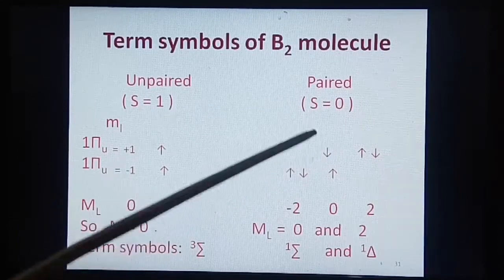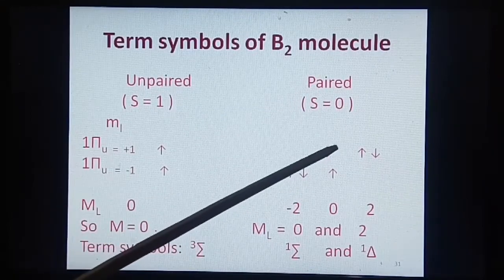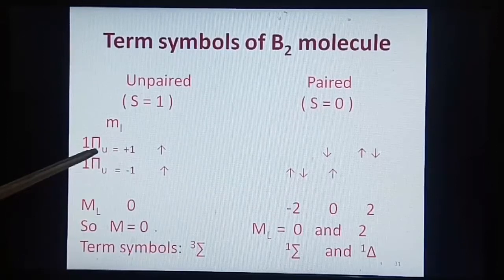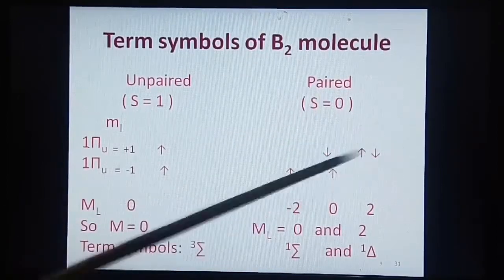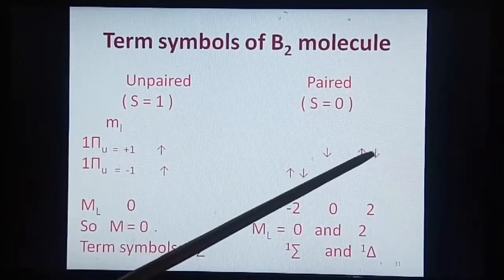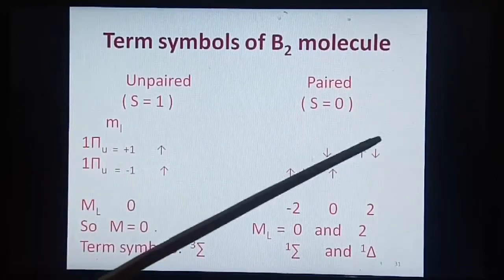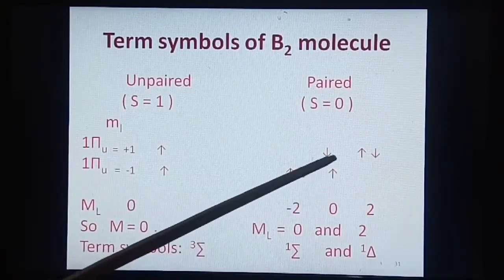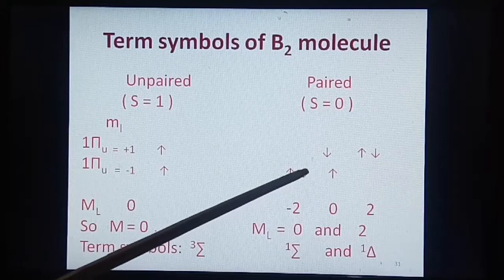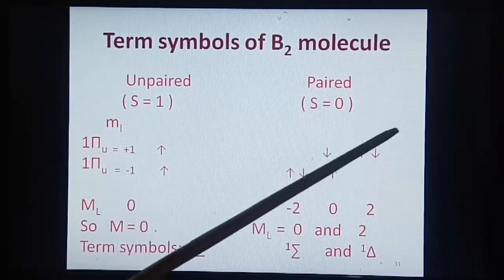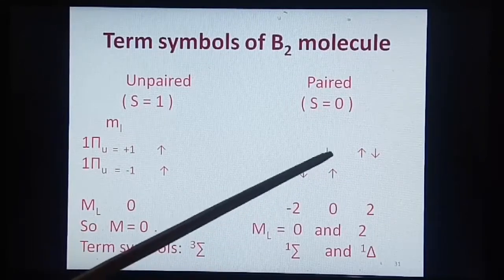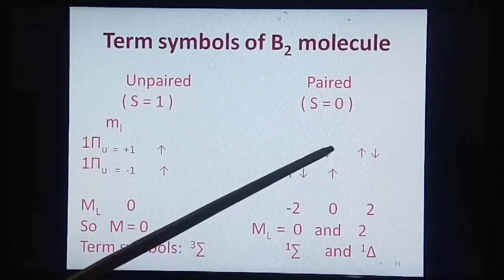In the second, one electron is in this orbital with clockwise spin and one in this with anticlockwise spin. In the third, both the electrons are paired in the other orbital. So these are the 3 possibilities, where both are paired here, both are paired there, and in both pi u orbitals one is clockwise and one is anticlockwise.